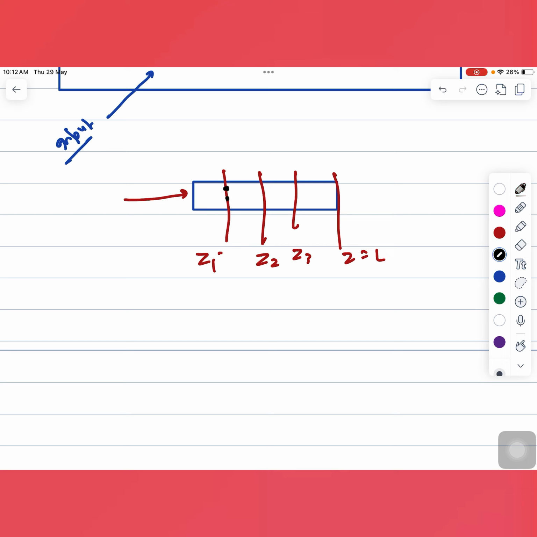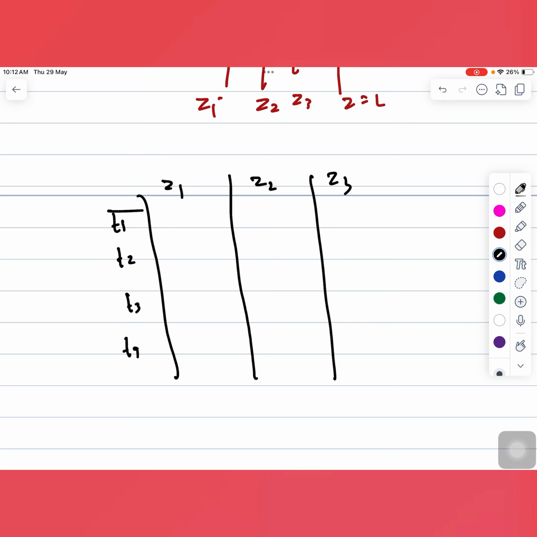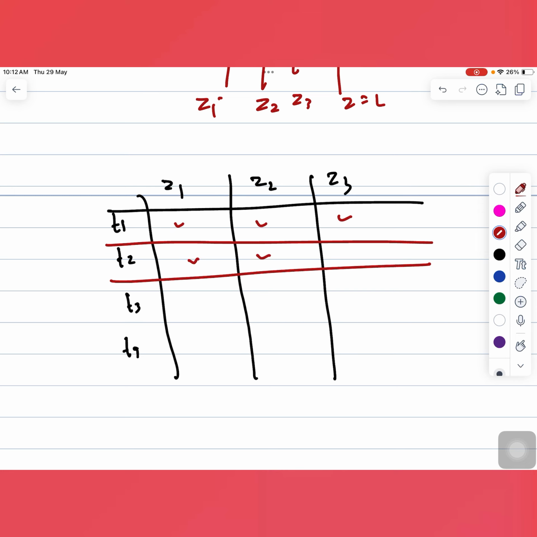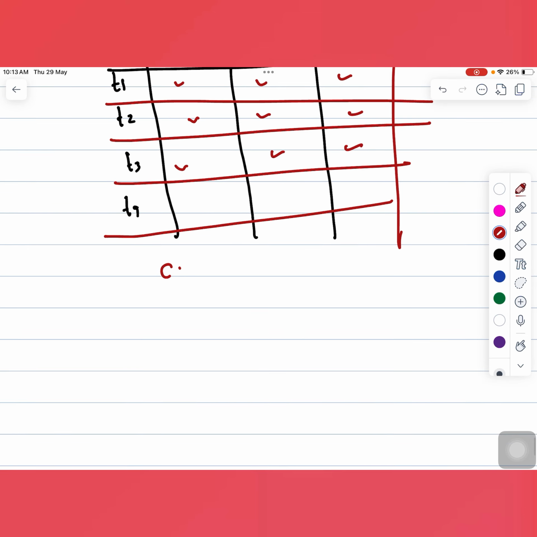And at any particular time, T1, T2, T3, T4, with respect to T1, the concentration at Z1, Z2, Z3 will be different. With respect to T2, at Z1, Z2, Z3, that will be different, and here it will be different, something like that, right? So that's why you can see that concentration is a function of both space and time in a plug flow reactor. Why? Because along the length direction the concentration is changing.